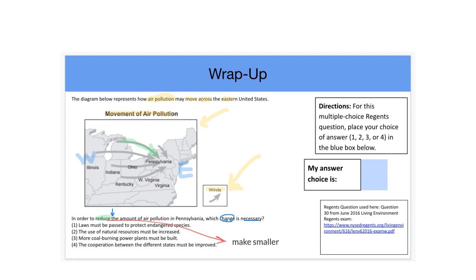Okay, and it's asking me about the change, which change is necessary. Paraphrasing the question is going to help me to clarify the question in my mind. So what I have to say, I have to find a change that we have to make in order to make the air pollution go down. All right, so read the answers, pause the video, and come back to it.